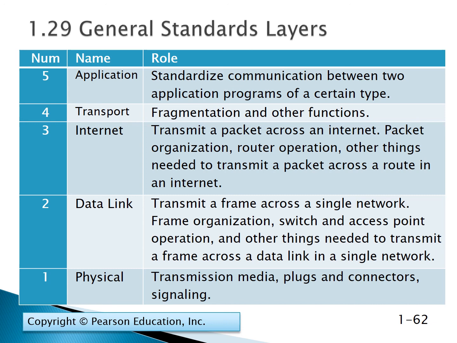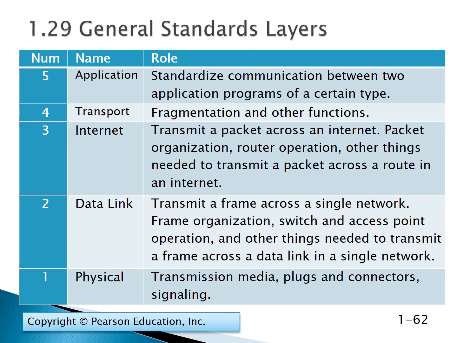In general, the first 4 layers are quite similar across the two models. But for the ISO OSI model, layers 5, 6, 7 are similar to layer 5 here, the application layer, in the table that we see here.